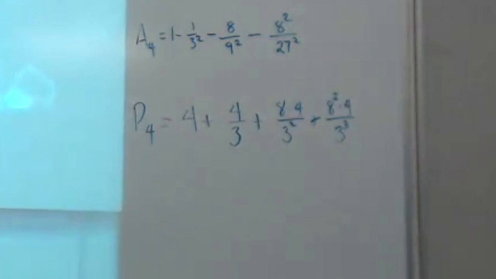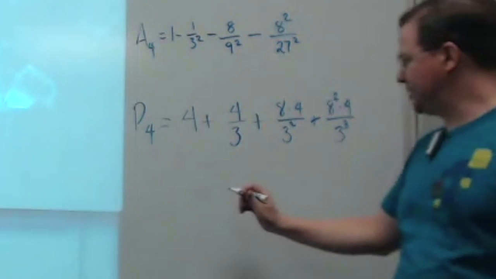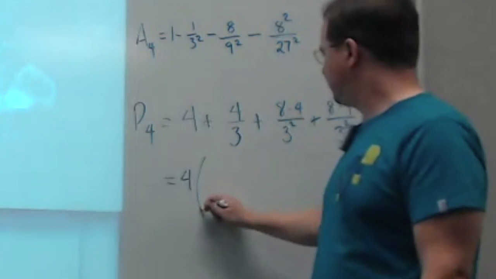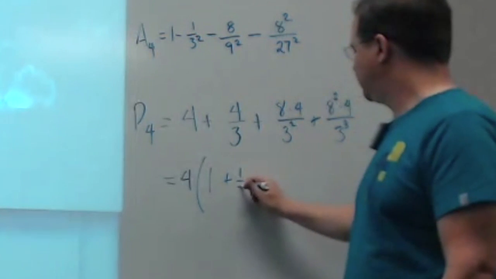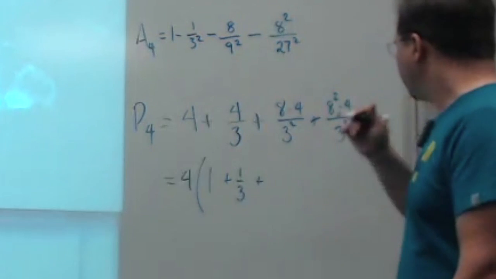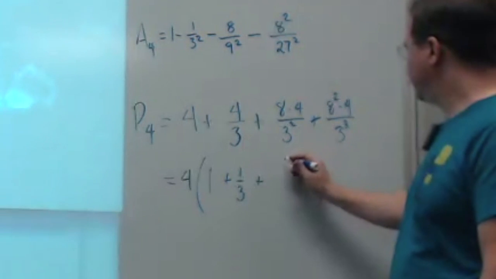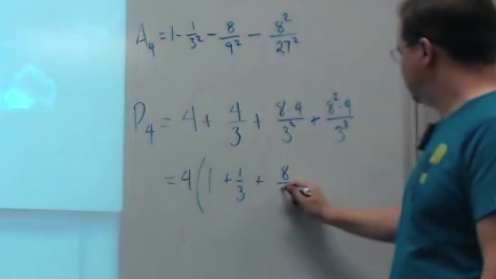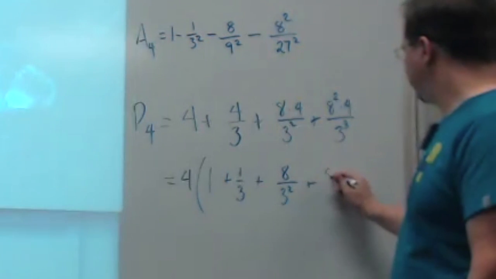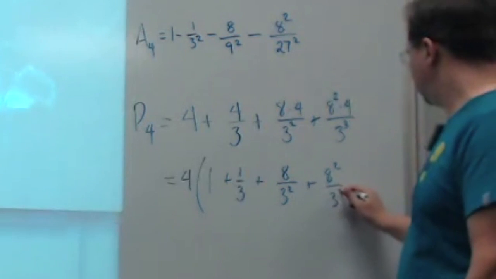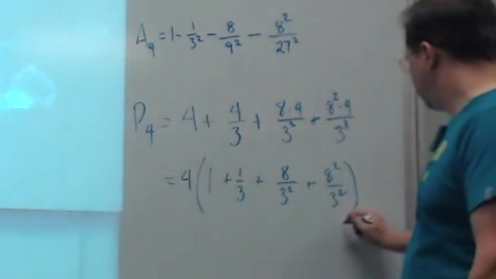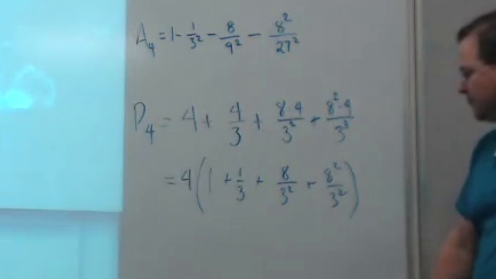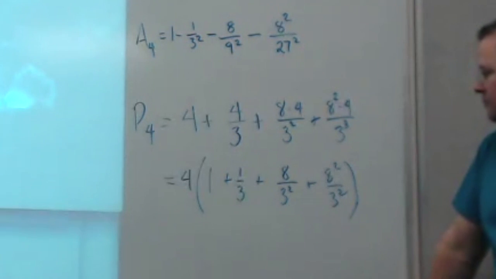Interesting. Right. There's a 4 in all of them, so you can factor that out. That's a good idea. For the 8.